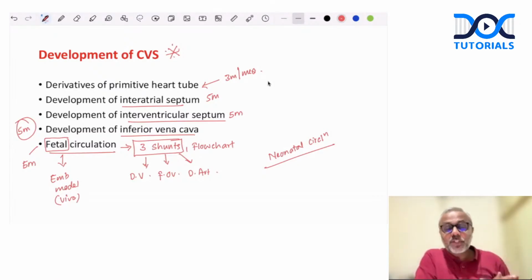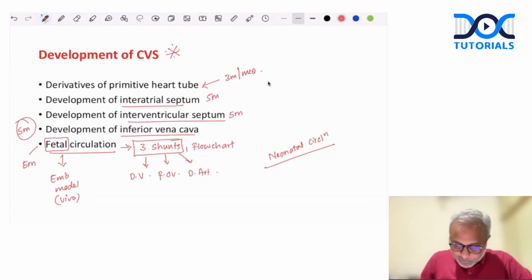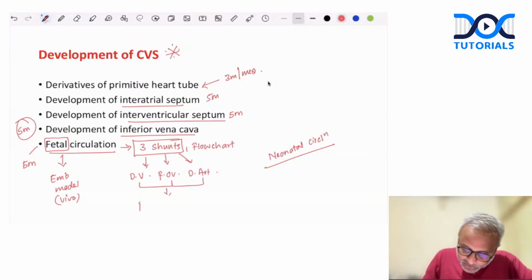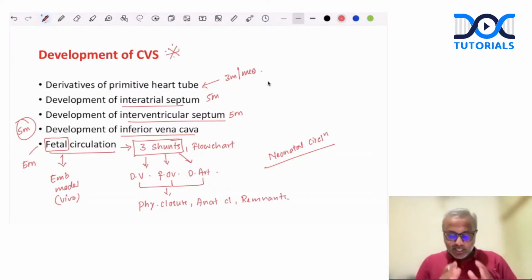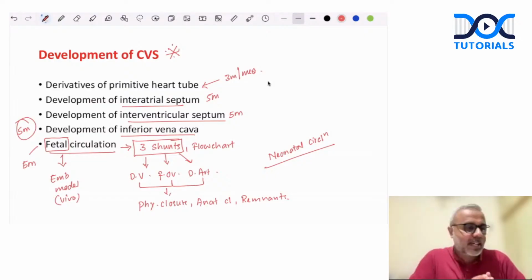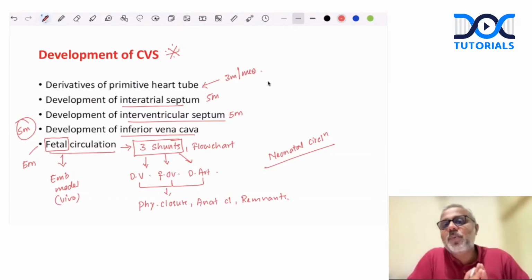When does physiological closure occur? When does anatomical closure occur? For all 3, we need to know the time of physiological closure, anatomical closure, and what they persist as: ductus venosus, ligamentum venosum; foramen ovale, fossa ovalis; ductus arteriosus, ligamentum arteriosum. This is what we need to know with respect to neonatal circulation.